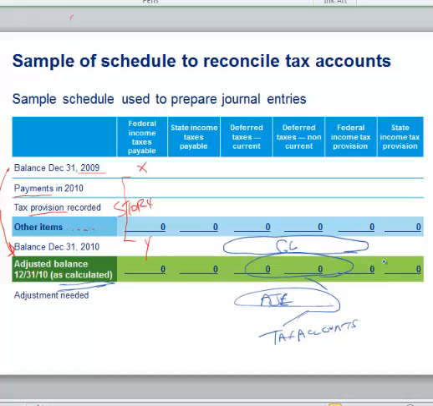And one time I was working on a roll forward, and this AJE, it didn't balance. The company basically said, hey, you need to adjust your payable, but there's no other tax account that needs to be adjusted. And I'm like, man, what happened? What is that? We have like a one-sided payable entry, right?